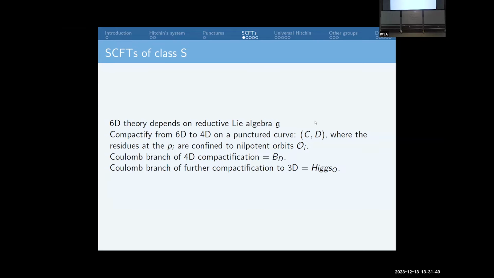The best answer I got from a physics friend is that you should think of the eigenvalue of the residue as a mass deformation. And since you want the superconformal theory, it has to remain massless, so that's the main point. Mathematically, it's not a very serious constraint, so much of what I say would apply to the non-nilpotent case as well.